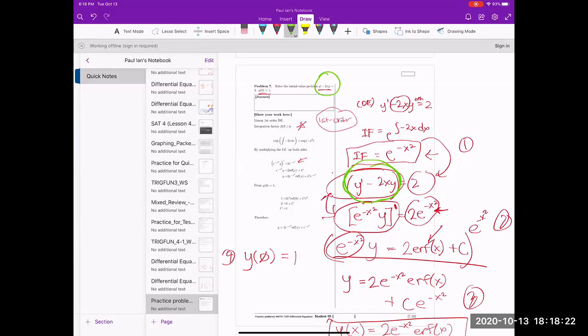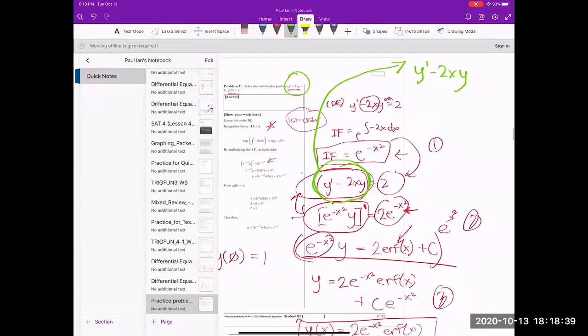And then how did you? You have to do the reverse product rule. I don't know how to do that. Yeah, that's the most complicated. If it is complicated, this is how you do it. So you take a look at this guy, y prime minus 2x, and then you have y.